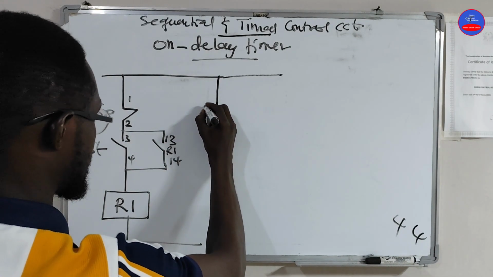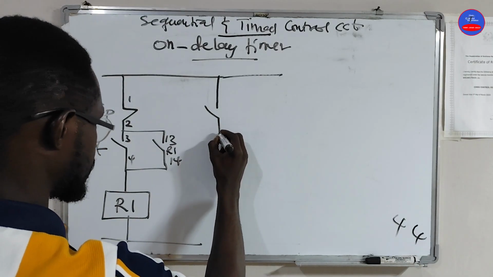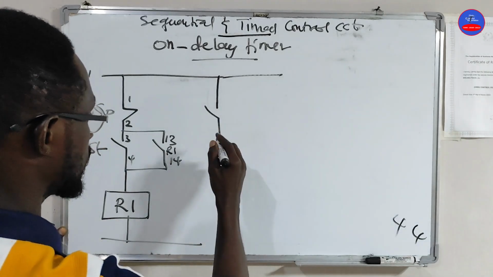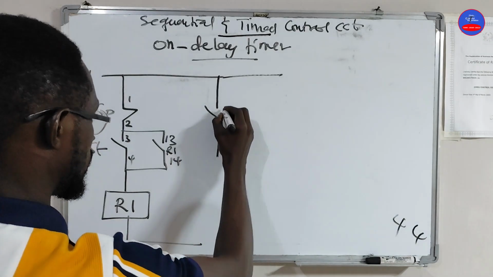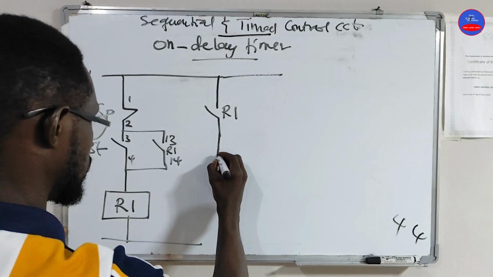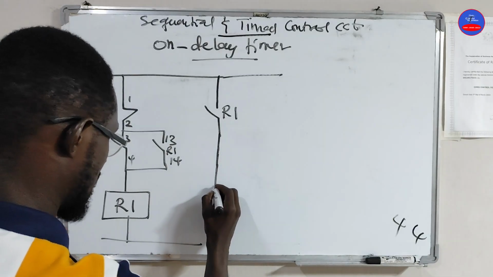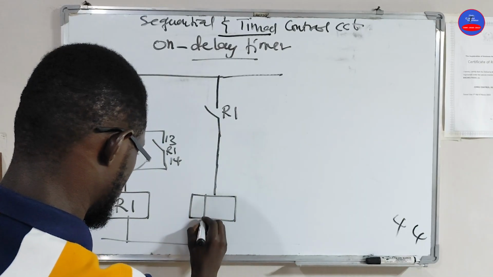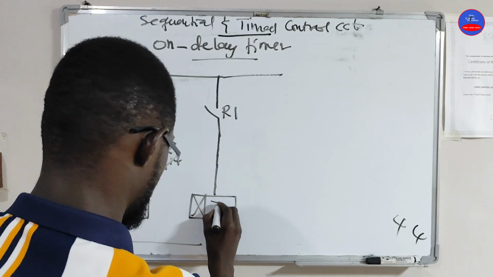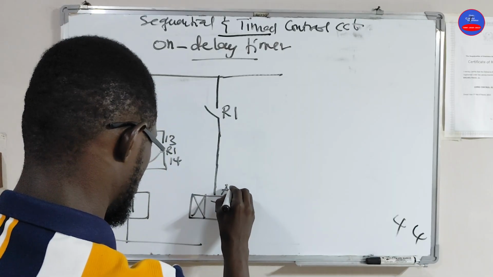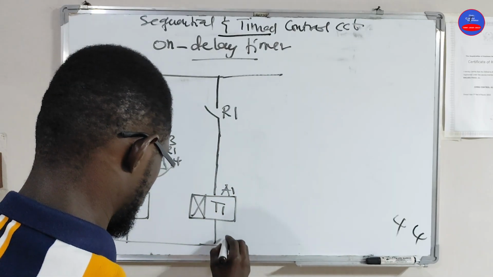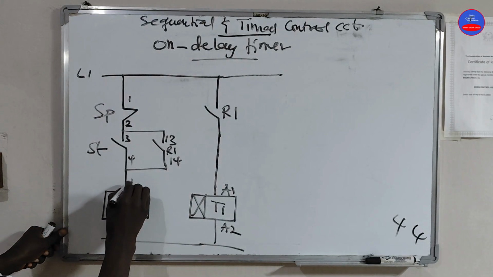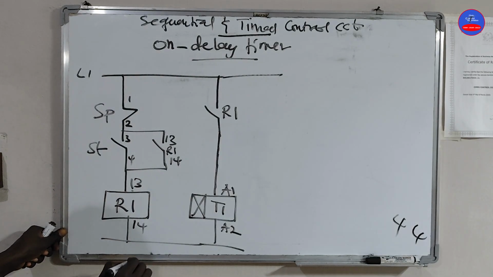It can be any other contact. So let's make it R1. It goes to the timer like this. Let's make it T1, A1, A2. The relay will be 13, 14.